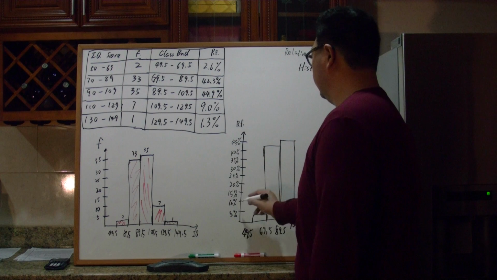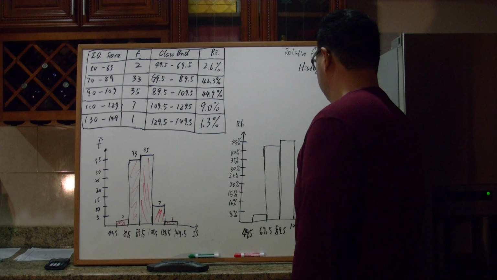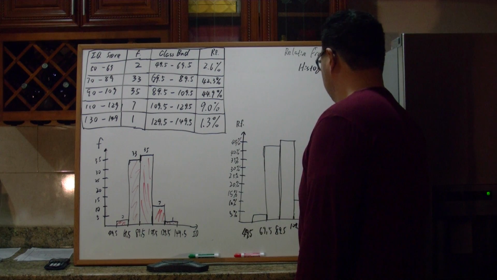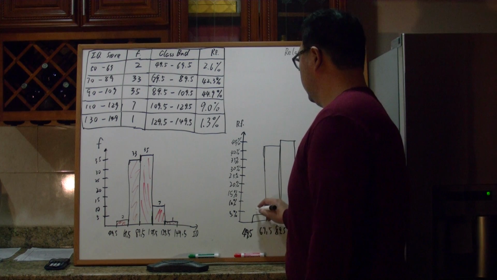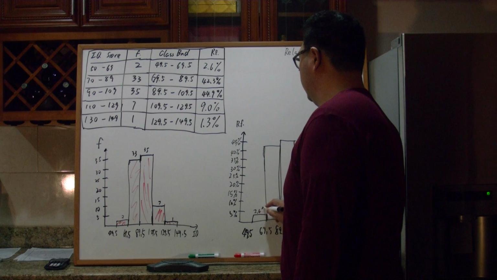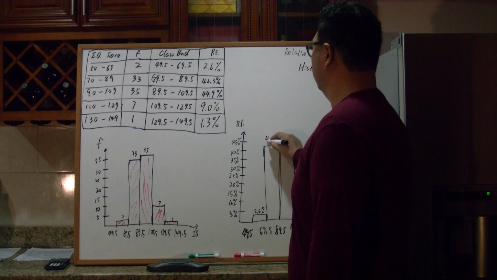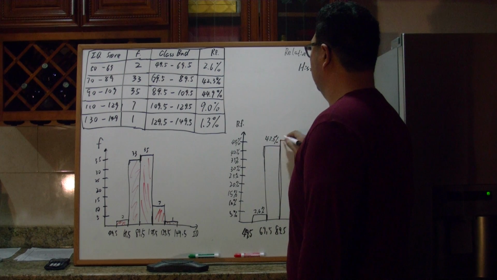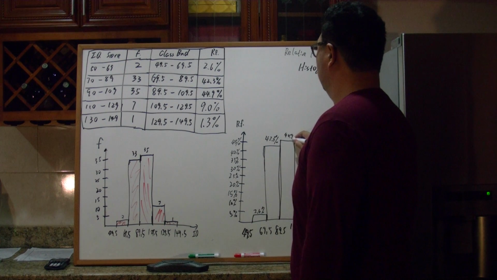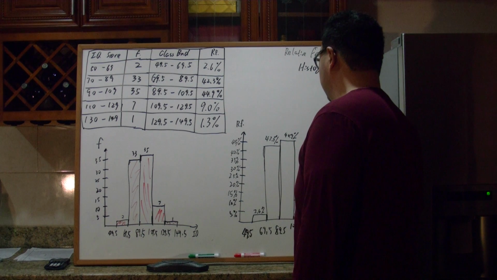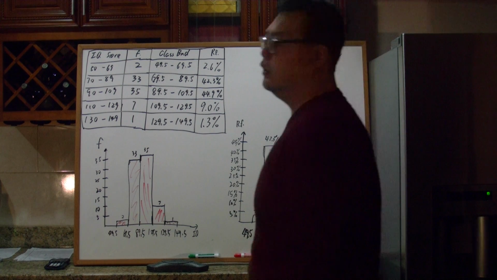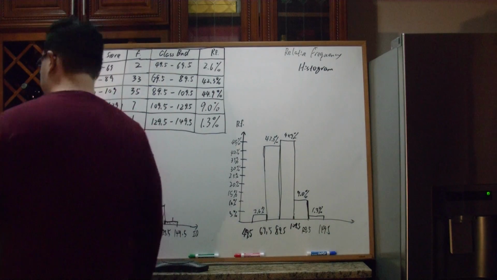And then go down to 9.0 and go down to 1.3. We could label what we put to make sure that, even though the graph may not be as accurate as it's supposed to be, we know what it's supposed to be.